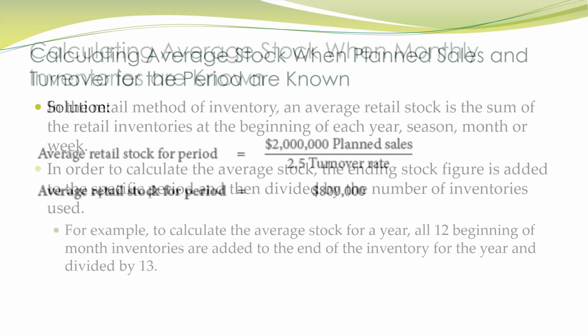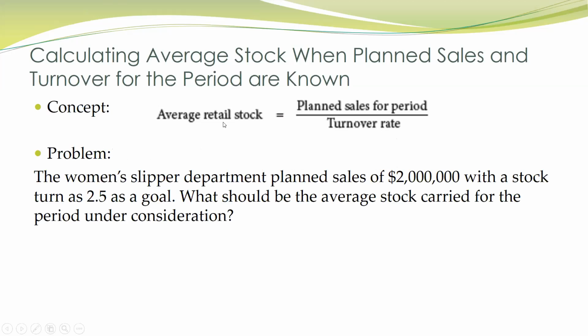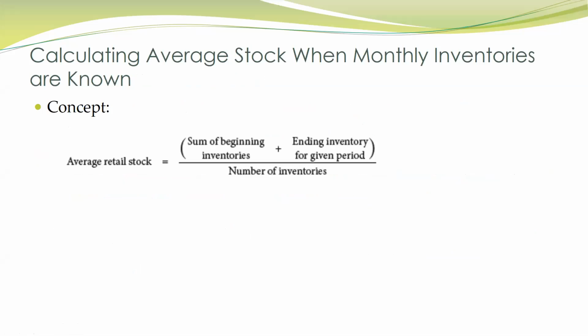Right. So the first method of calculating our average retail stock was using the formula we just did, which you did a problem on. The second method of calculating your average retail stock would be the sum of beginning of month inventories plus end of month for the last month, divided by the number of inventories.